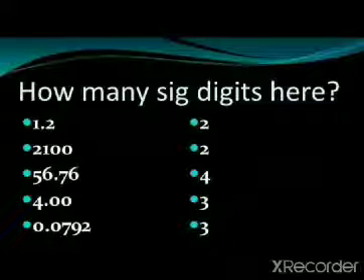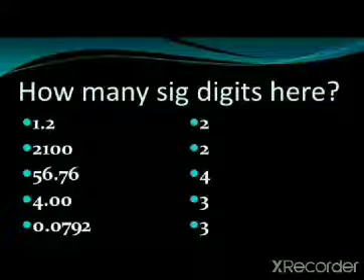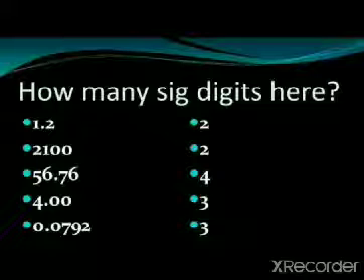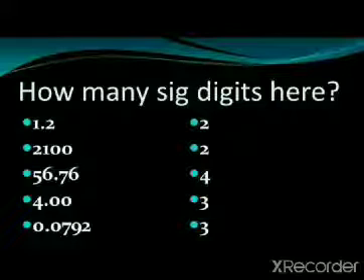Now, consider the next example, 0.0792. The first non-zero digit is 7 and the zeros placed before 7 are not significant because, according to the rule, zeros preceding the first non-zero digit are not significant. So, the number of significant figures will be equal to 3. 7, 9 and 2 are the significant figures.